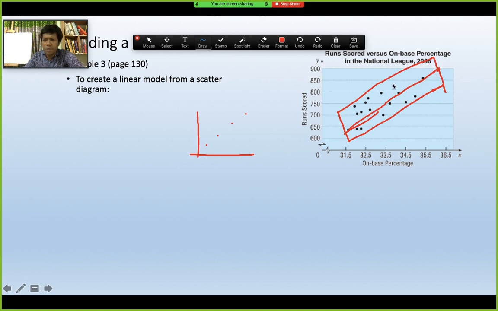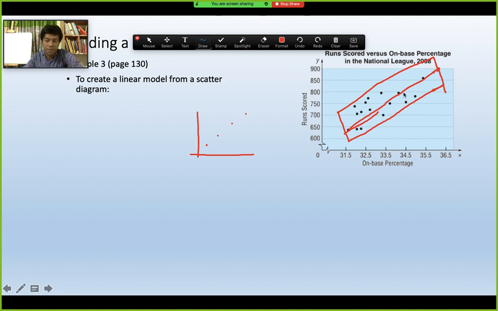When you have this kind of scattered points, this is like runs scored and on base percentage of some national league game. So you see different places, but still they represent some linear progression based on their general shape. Now, our question here is, how can we find a linear model?